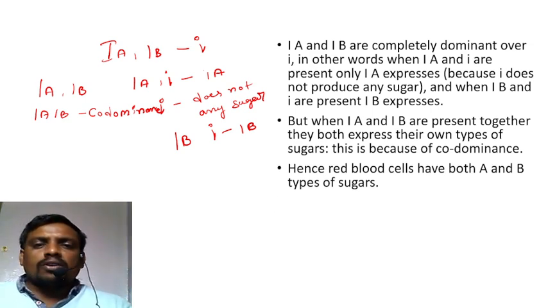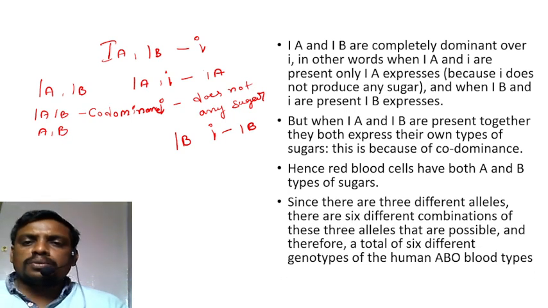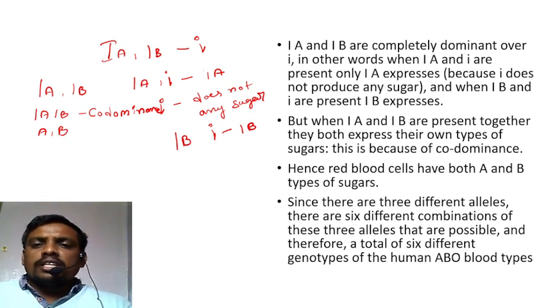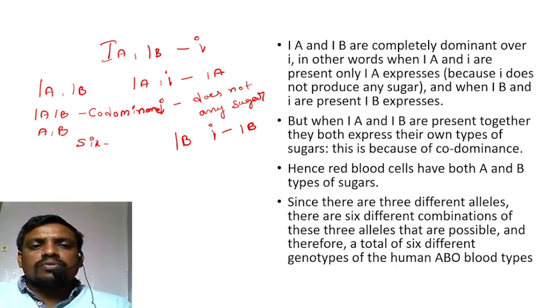Hence red blood cells have both A and B sugars. So there are 3 different alleles, which form 6 different combinations of genotypes. What are those 6 different genotypes?